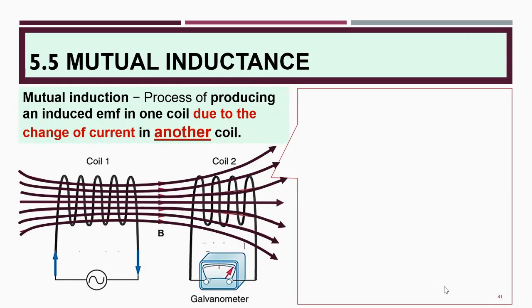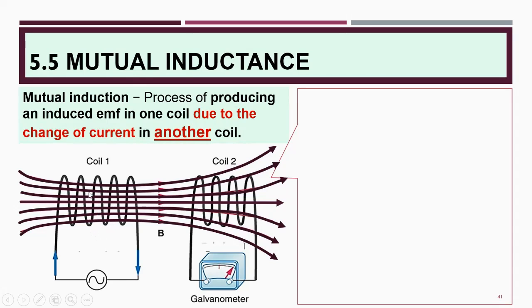So mutual inductance is the process of producing induced EMF in one coil due to the change of current in another coil. For example, we have coil 1 and coil 2, and coil 1 has a power supply, its own current flowing through it.